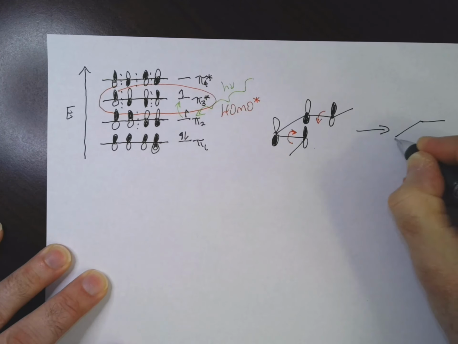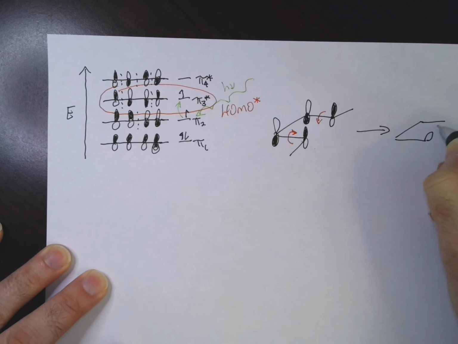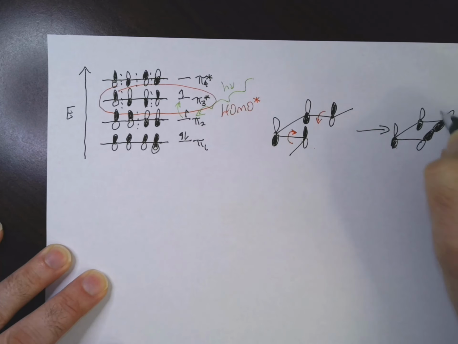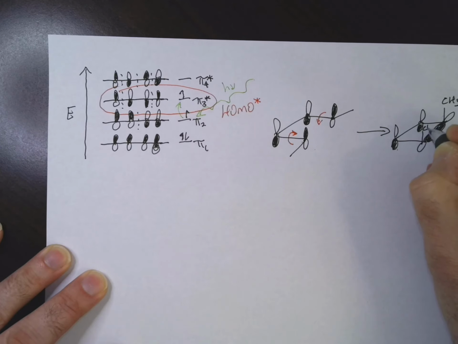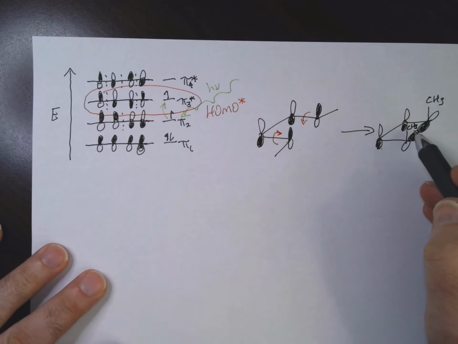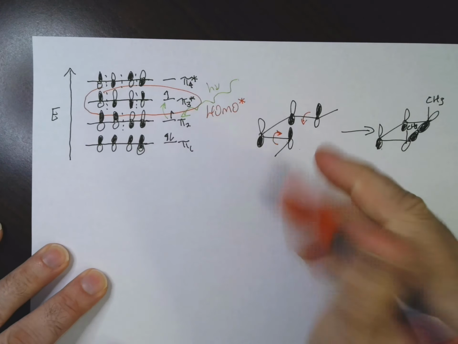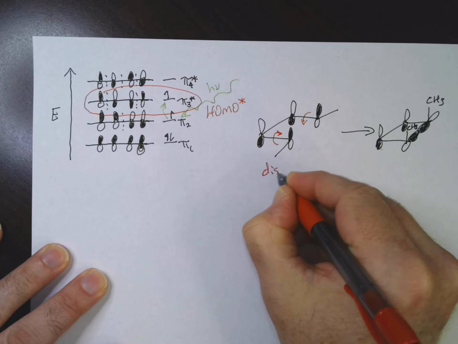And that will now give me my good orbital overlap. I still have these guys. And in this case, my CH3s are both sticking up. And we call this type of rotation disrotatory.